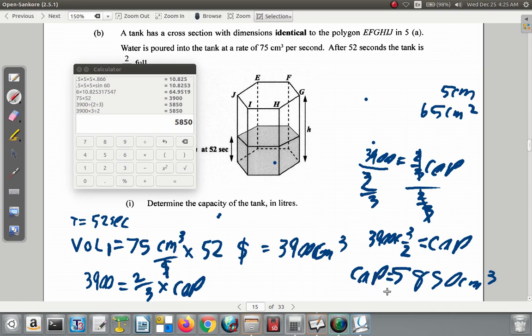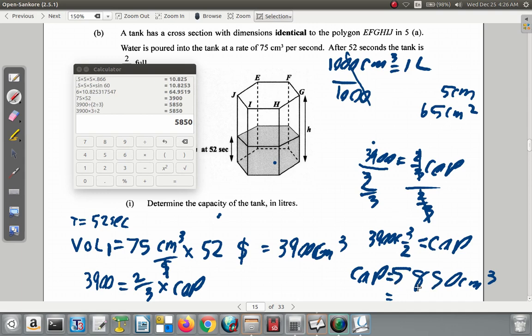They want liters. Remember now, 1000 cm cube make 1 liter. So when you convert this, if you say 1000 cm cube equal 1 liter, and you want cm cube to liter, what do you do? You want to turn 1000 cm cube into 1 liter. What do you do to turn 1000 into 1? You divide by 1000. When you divide 1000 by 1000, you get 1.